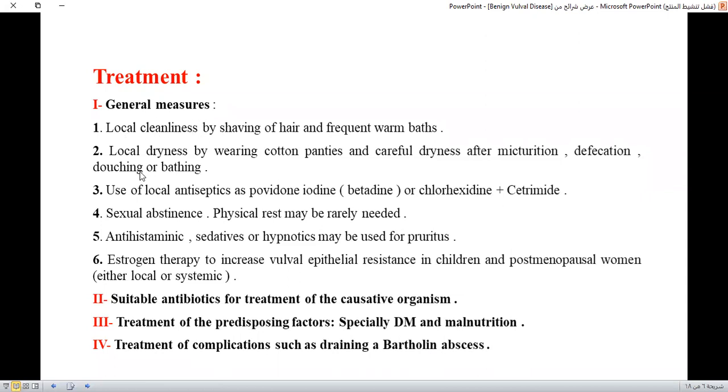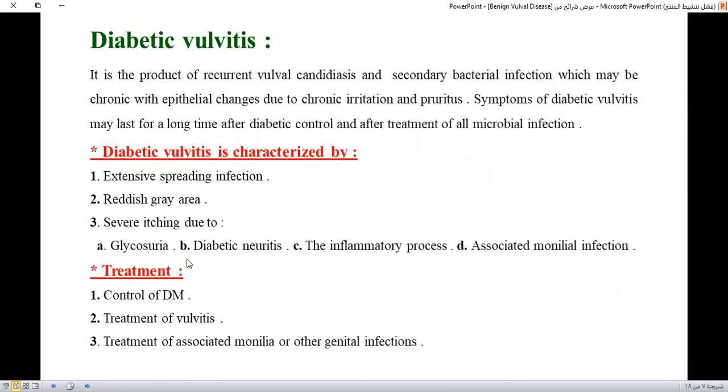Local cleaning of the area by shaving of the hair, local dryness, local antiseptic, sexual abstinence, then antihistaminic and estrogen therapy.